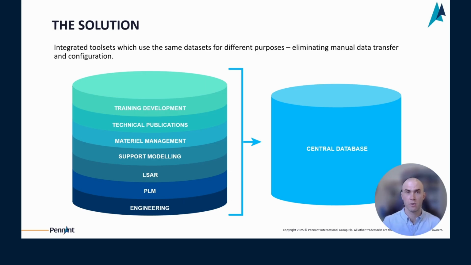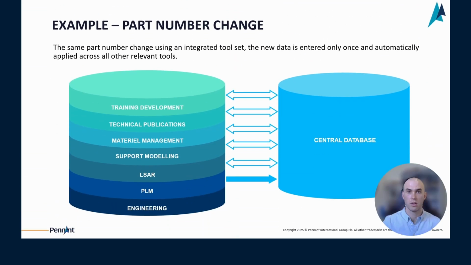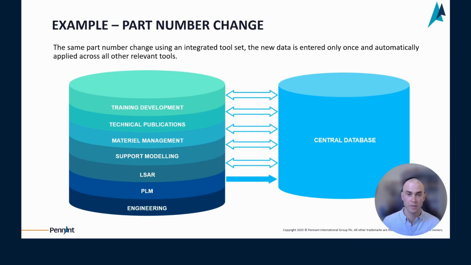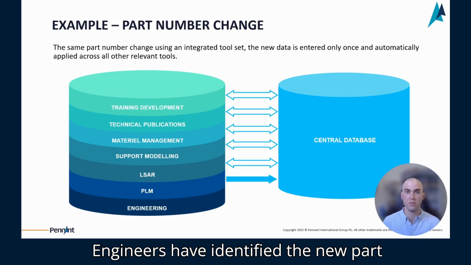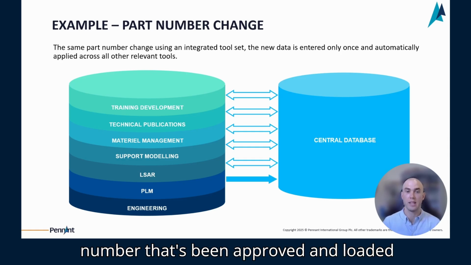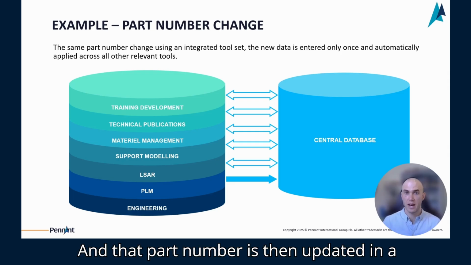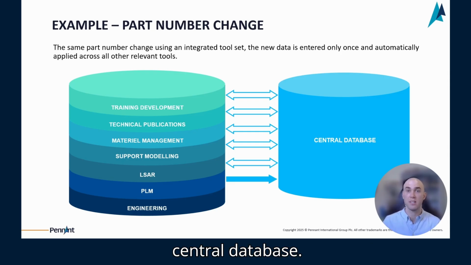So think about that same example where a part number has been changed. Engineers have identified the new part number that's been approved and loaded into the PLM tool. And that part number is then updated in a central database.